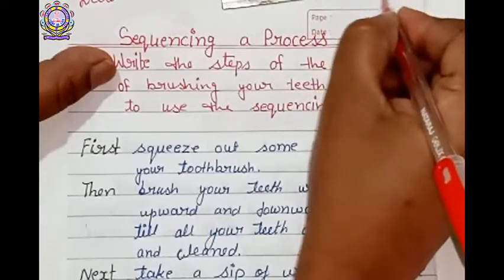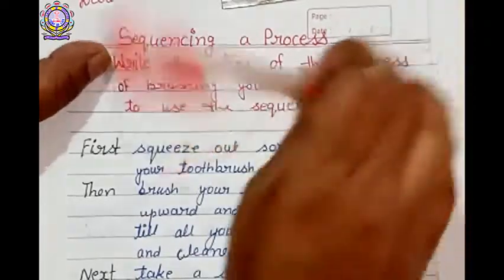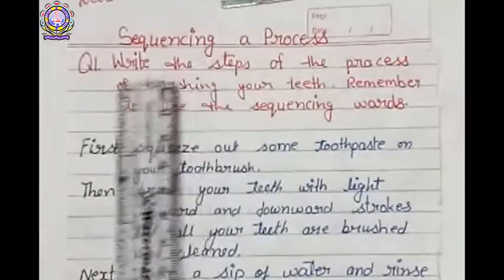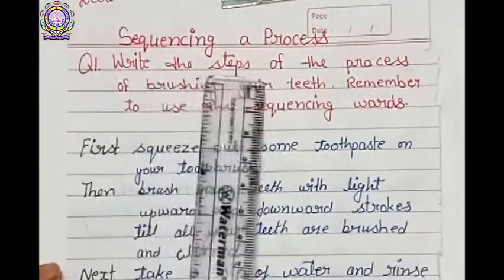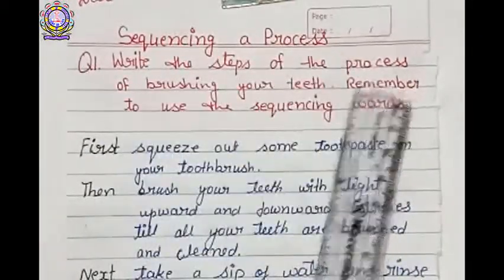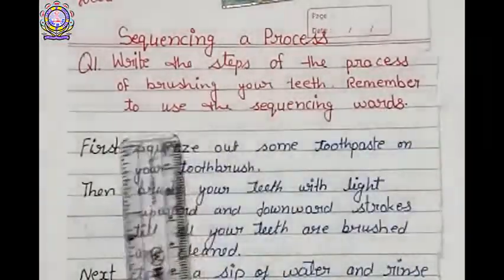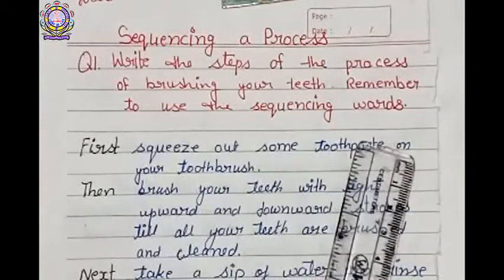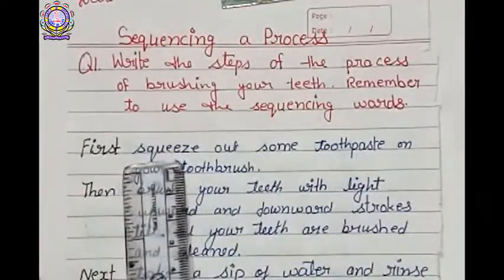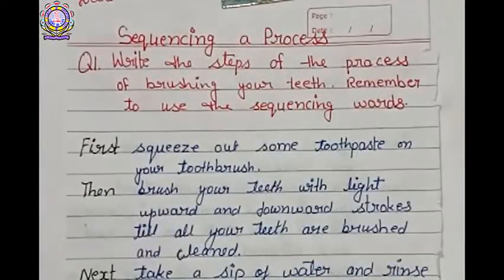Okay, so sequencing. Question number 1, write the steps of the process of brushing your teeth. Remember to use the sequencing words. Okay, sequencing words: first, then, next, and finally.